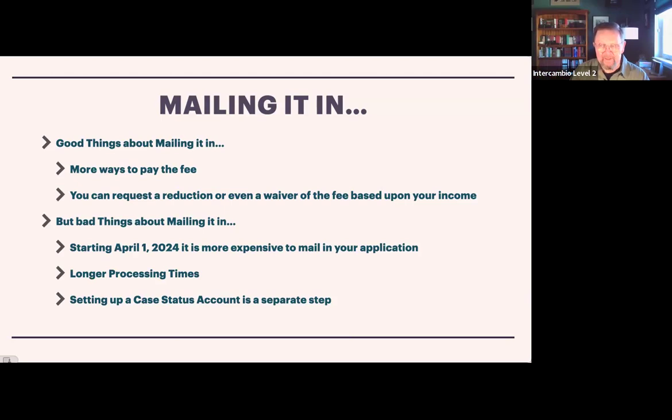Your online account allows you to ask questions and for them to ask questions of you. It also allows you to get a fairly accurate projection of when your interview is going to be, and you can track that. Sometimes that date stretches out or sometimes it gets shorter during the process. So having a case status account is very important.